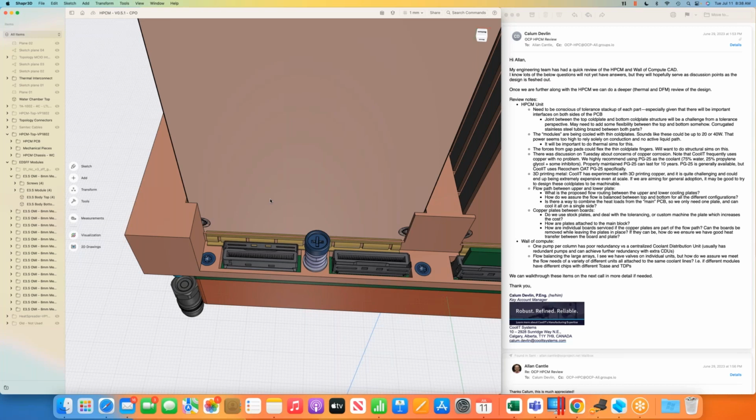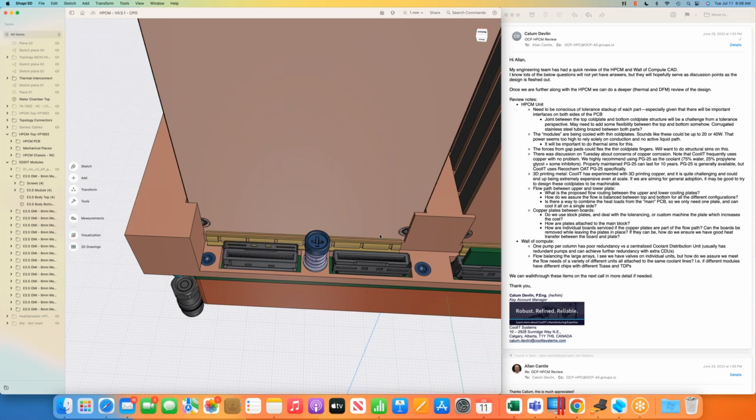Then yeah, you just worry about the tolerance of how it mates down. It's this interface here where the module touches these fingers of this connection, which is going to be some spring-loaded metal, probably not as good a conductor as copper.